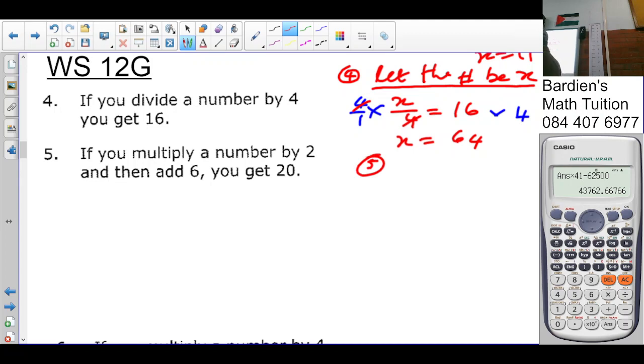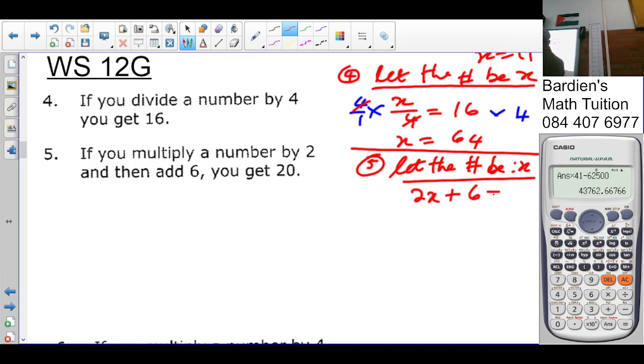Number 5. If you multiply a number by 2, so we say let the number be x. You multiply a number by 2, so x times 2, which is 2x. Then add 6, you get 20.